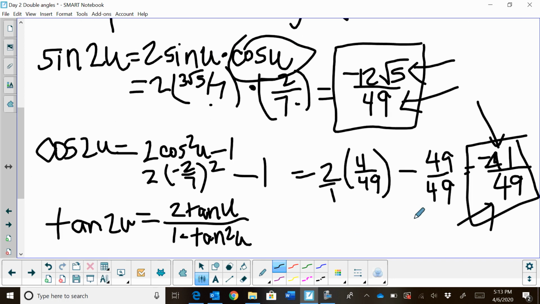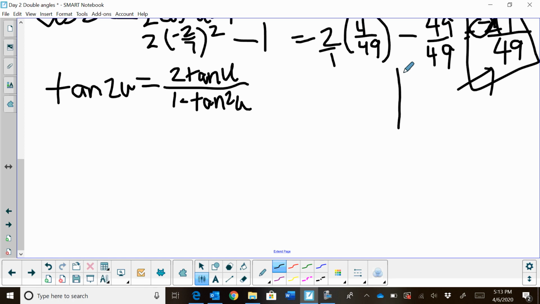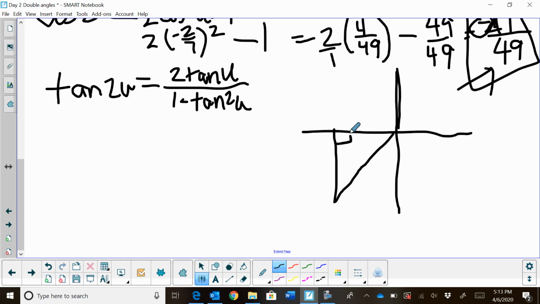I sure can. So knowing that sine is negative and cosine is negative, that means my tangent must be positive. So I must be in quadrant 3. So let's draw this triangle in quadrant 3.